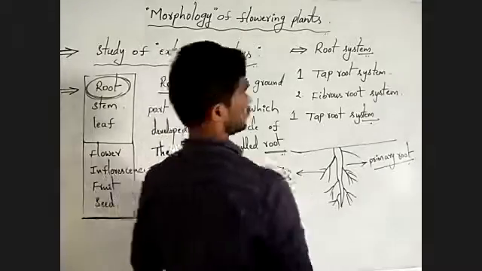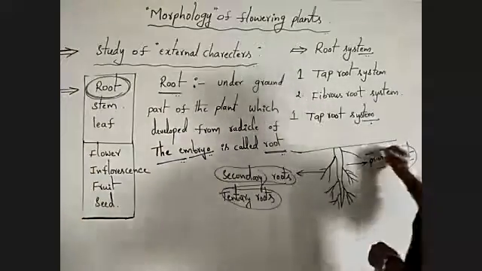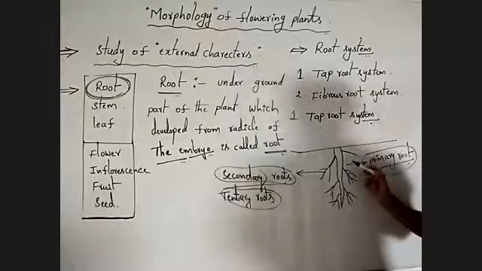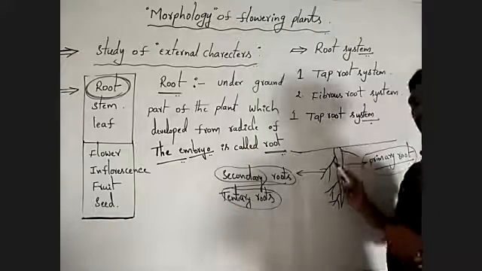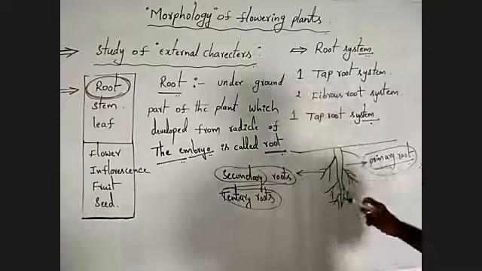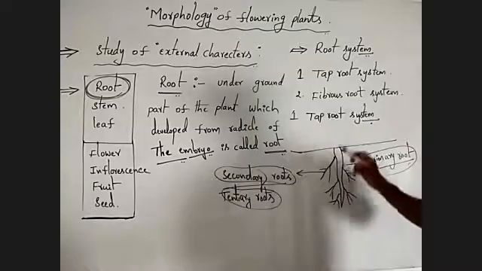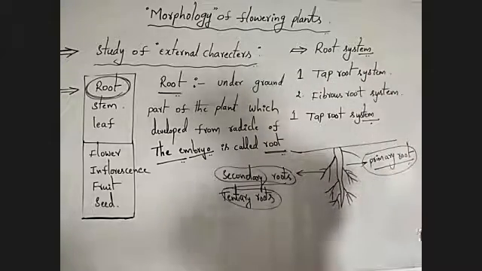These three types of roots collectively form an interactive root system. This is usually called the tap root system.